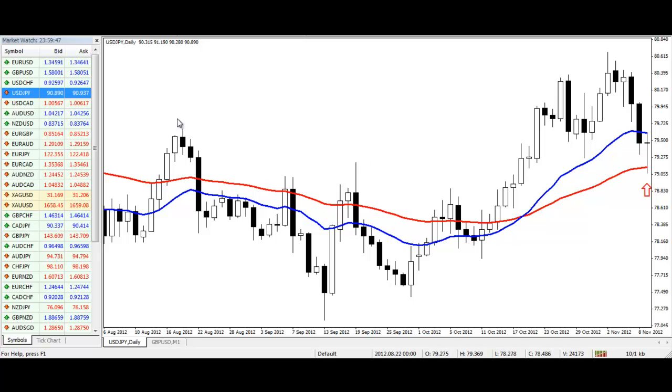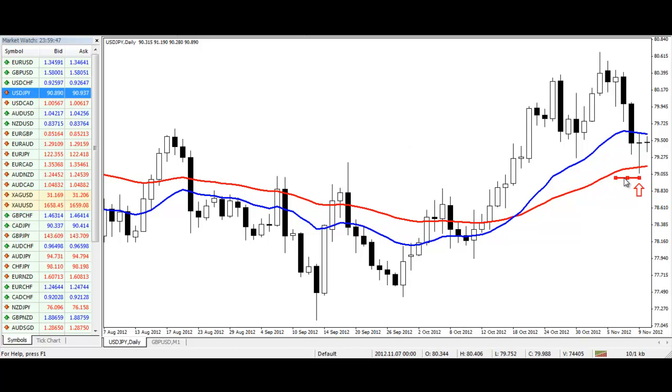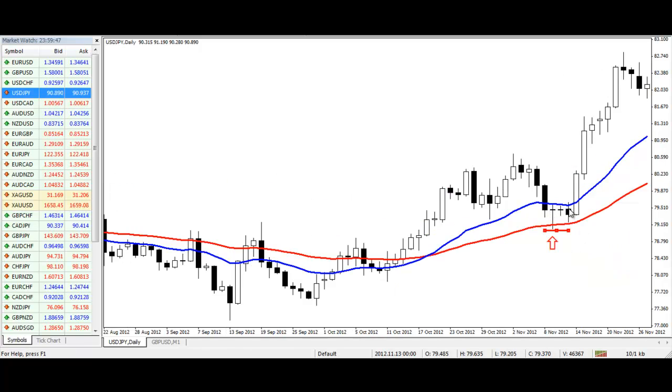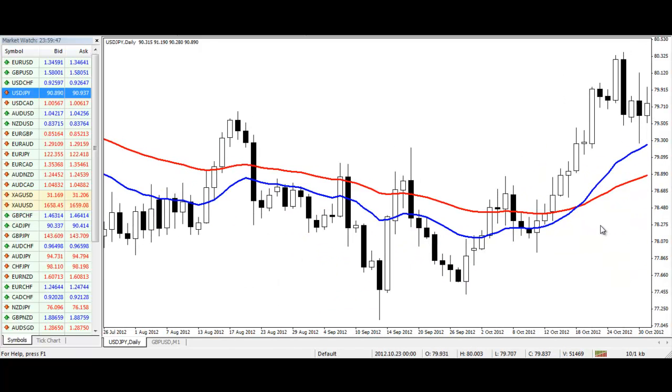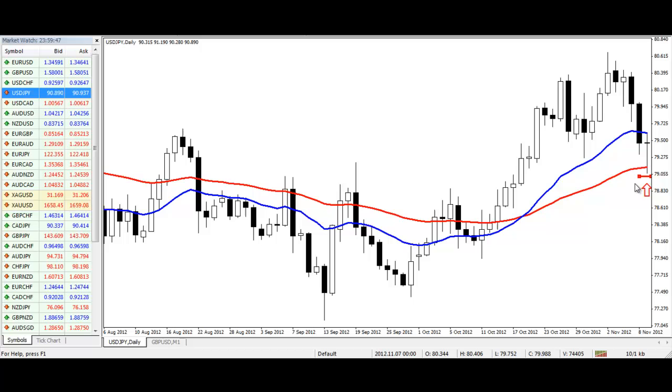We'd enter just above the high of that particular candle, so we'll just show the stop loss on the entry points. Stop would go here, and we'll just copy that up to the top side there, and we'll mark that in blue, obviously, because we know that that's the entry point.